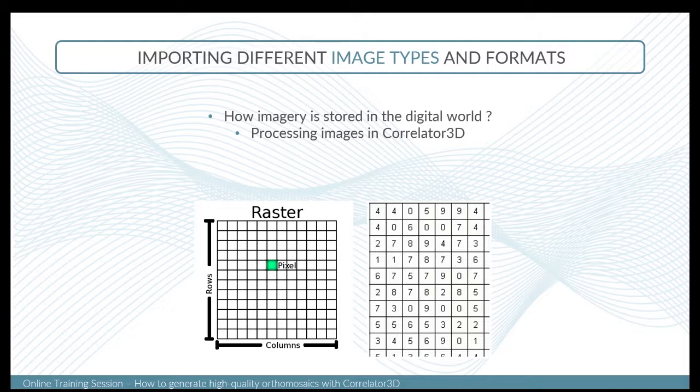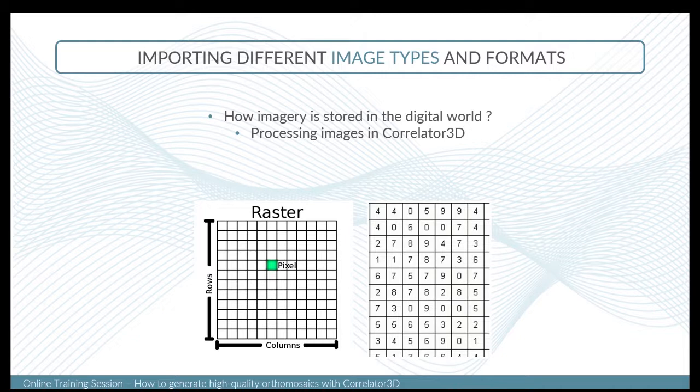In Correlator3D, we support 8-bit, 16-bit, and we will keep this information throughout all the process up until the end when you're going to export the mosaic. We won't change the input information that you import in the software.